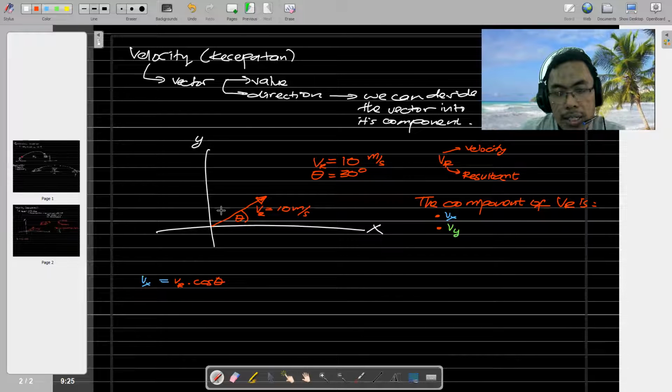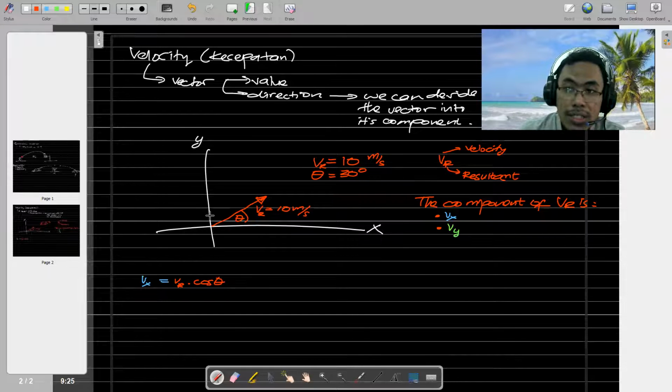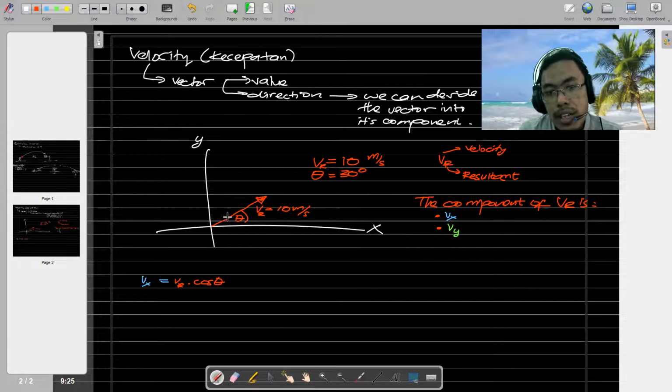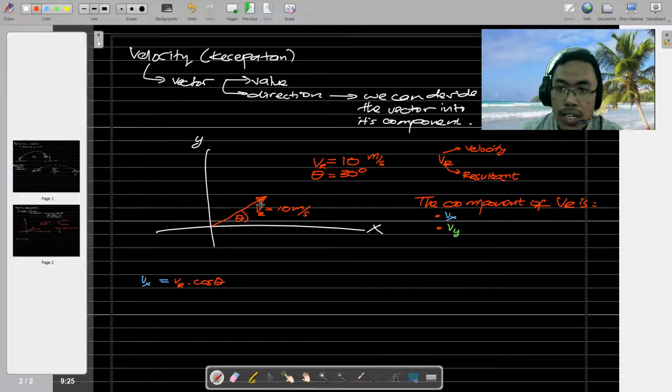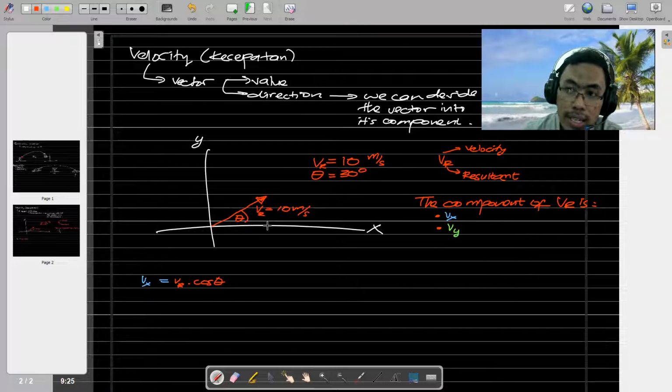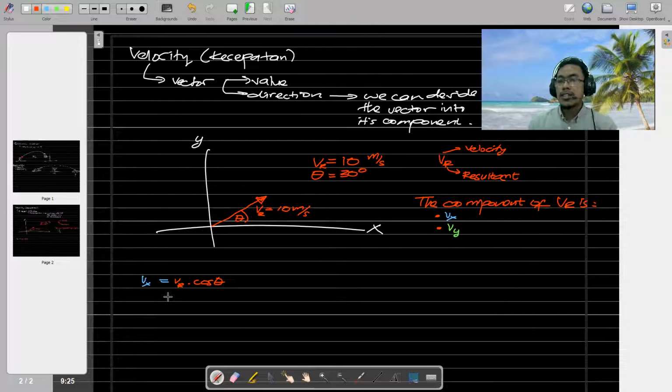Kalau di sini sudutnya tidak tertulis secara eksplisit atau secara langsung, sehingga saya tidak menggunakan sinus theta tapi menggunakan cos theta, karena ketika V ini akan saya uraikan menjadi komponen ke sumbu X, thetanya diapit antara resultan dan sumbunya. Okay, so that's the definition in bahasa Indonesia.